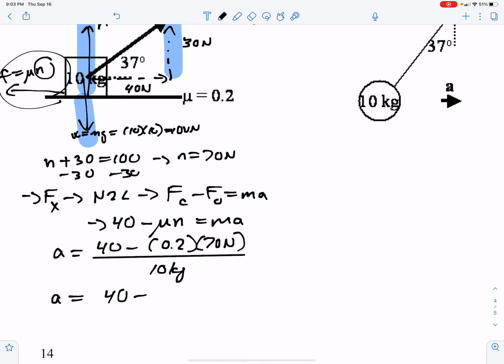This would be 40 minus 0.2 times 70, which is 14, over 10. Well, 40 minus 14 is 26 over 10 is 2.6 meters per second squared.